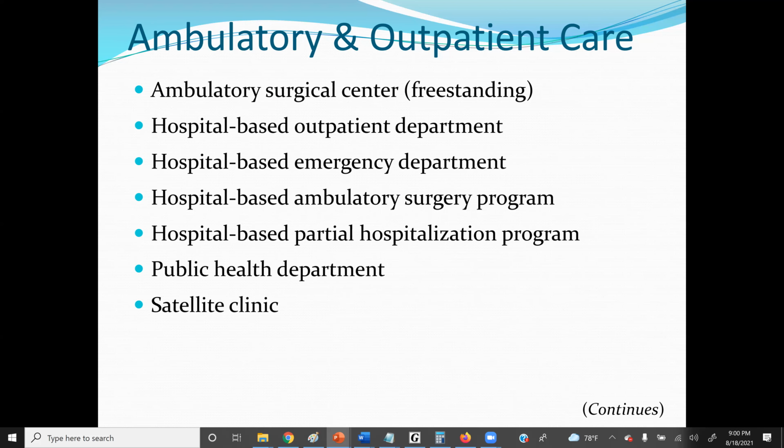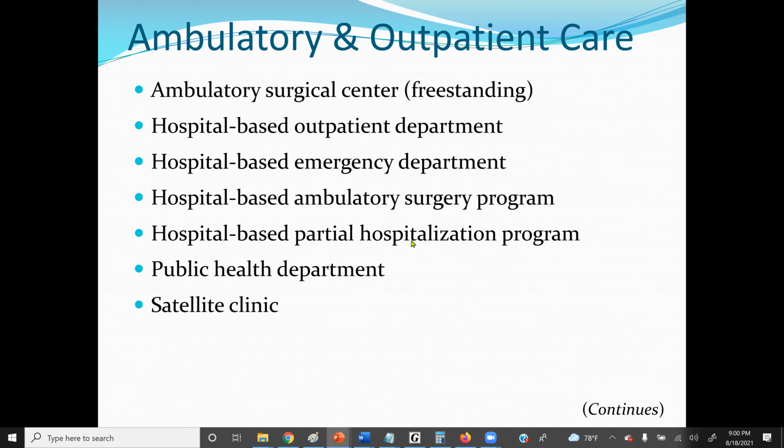We also have a hospital-based emergency department where patients who need emergency care, mostly patients involved in an accident or maybe who had a heart attack or some other very urgent care. A hospital-based ambulatory surgery program also is available.